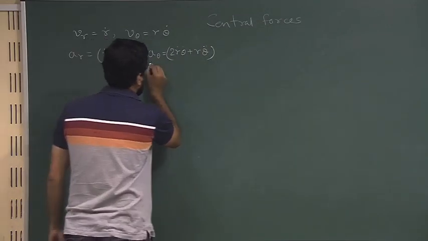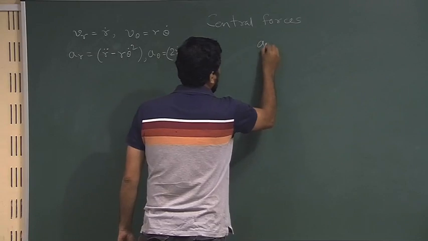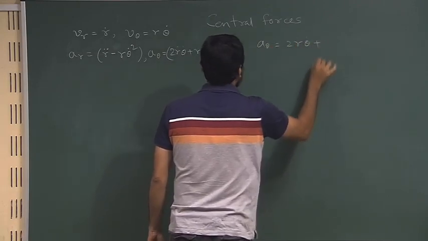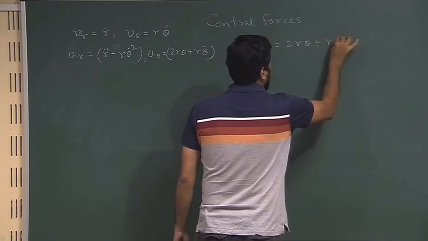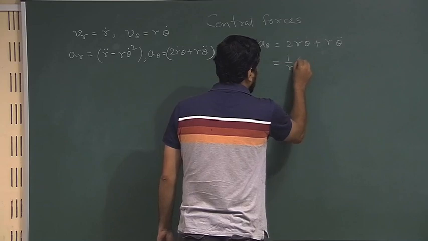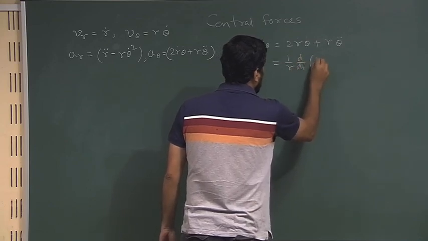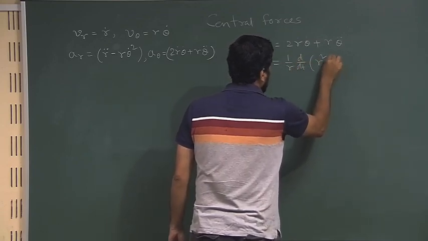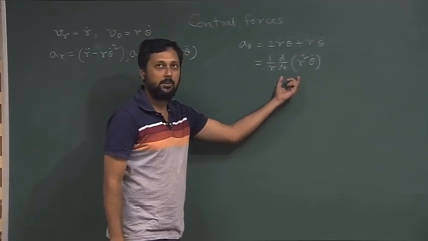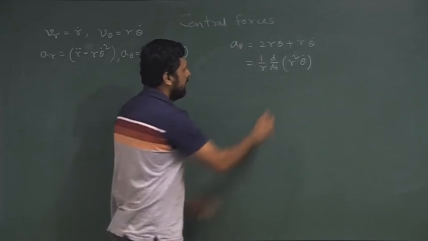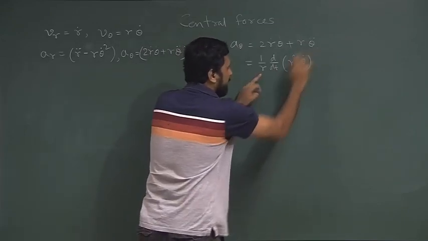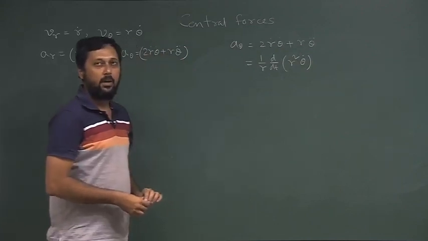We just take this: a theta is equal to 2 r dot theta dot plus r theta double dot, and this can be written as 1 by r d dt of r square theta dot. If you compute this time derivative and divide the whole thing by r, you will get back this expression.